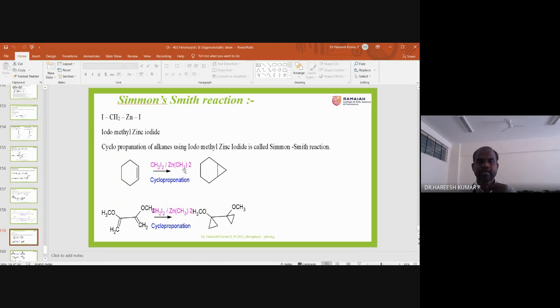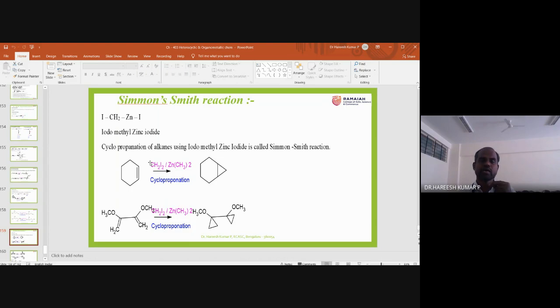Look here. Here, dimethyl zinc is treated with iodomethane, whereas in the previous name reaction, diethyl zinc is treated with iodomethane. That is the only difference.